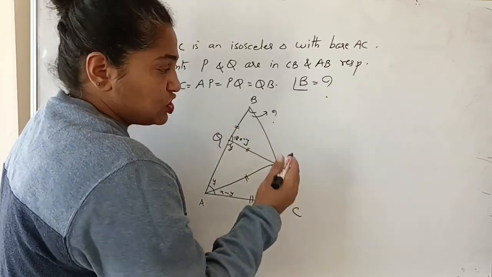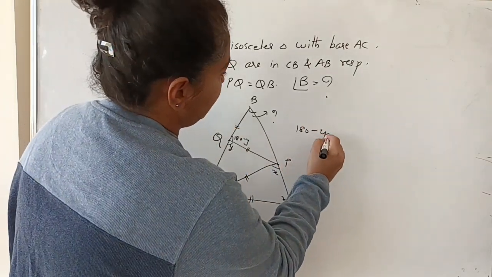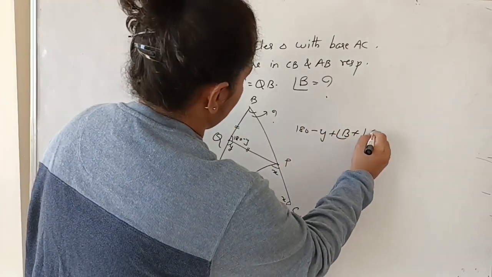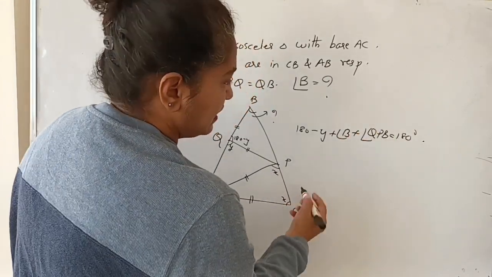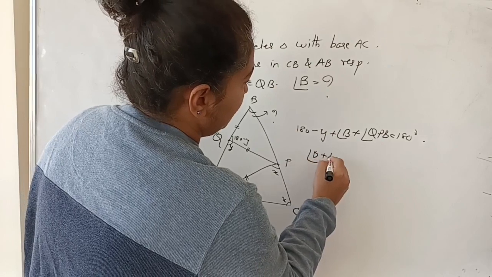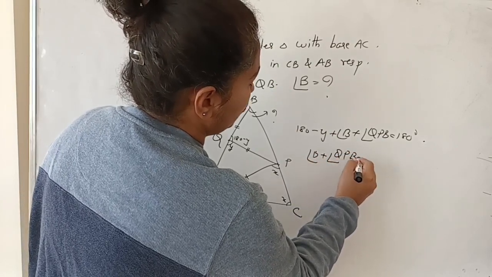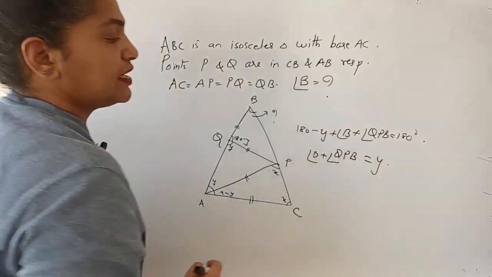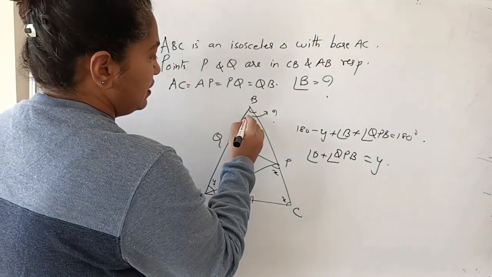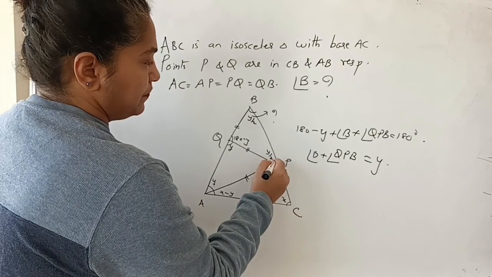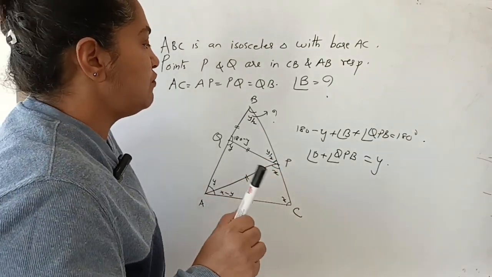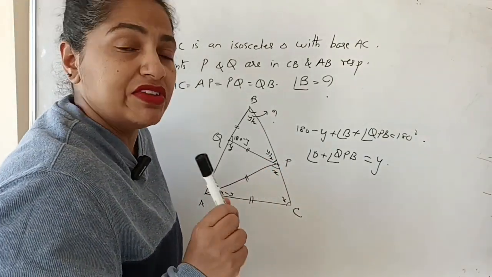So let us see what is the measurement. 180 minus y plus angle B plus angle QPB is equal to 180. Or I can say that angle B plus angle QPB is equal to y. So this is y by 2 and this is y by 2. So basically we need to find out the measure of angle B, which is y by 2.